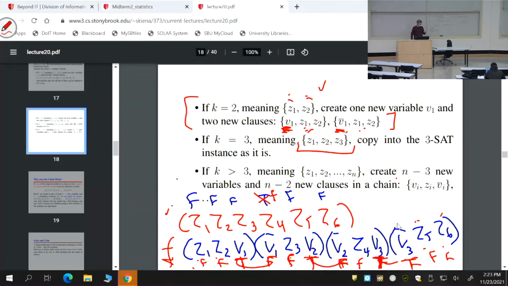You can't solve SAT quickly, so this is a proof that you can't solve 3-SAT quickly. Any questions about that? Do people see how that reduction goes? Any questions about that? Okay.